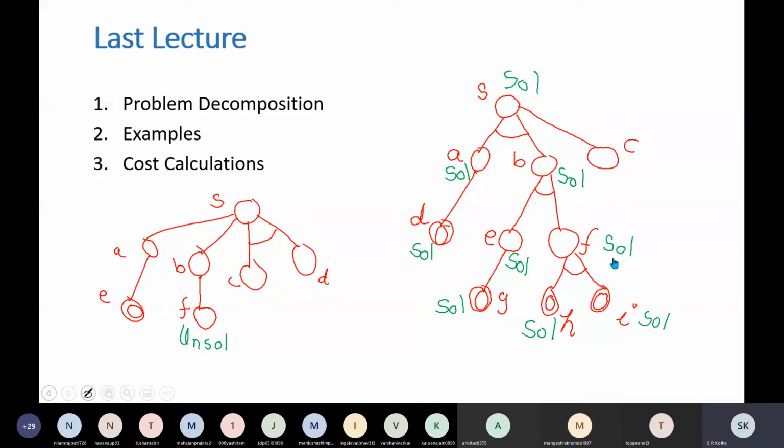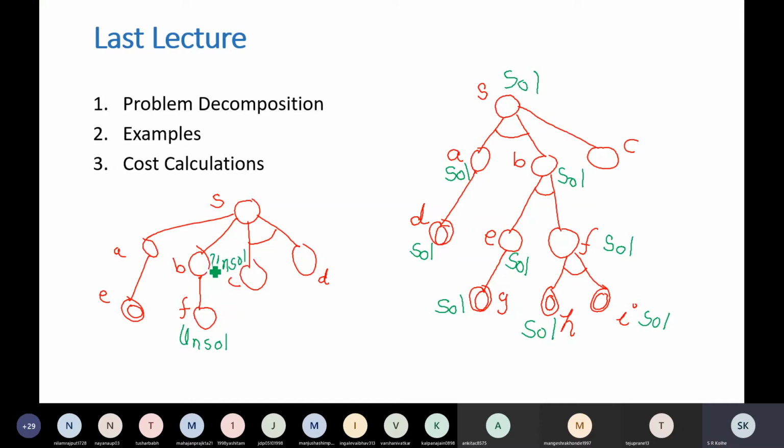It will not become unsolvable. Why? One solution tree exists. Now F is unsolvable. Because of that, you told me that B will become unsolvable. That is right. No problem.